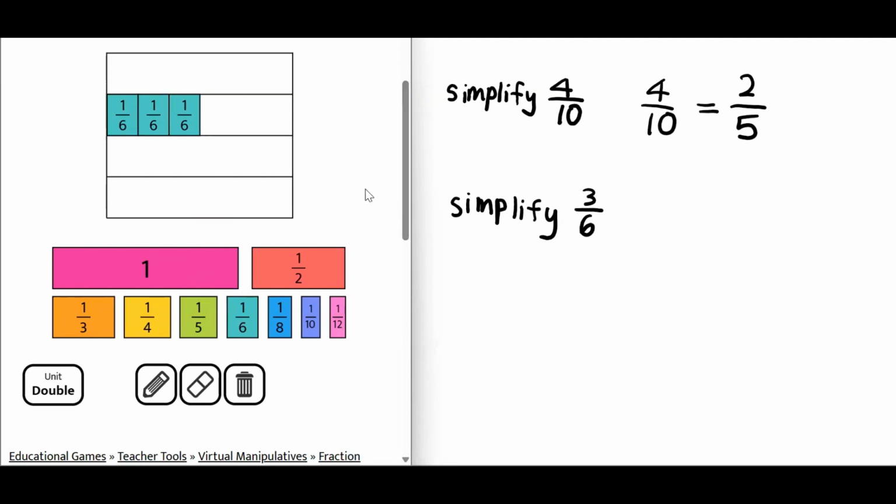Okay, I want to simplify. So remember, I need fewer pieces. And just now we mentioned that to get fewer pieces, you need larger fractions, which means a smaller denominator. So let's try 1/5 first. Okay, no. I cannot get them to be the equal length. 1/4. Okay, I managed to get it the same length.